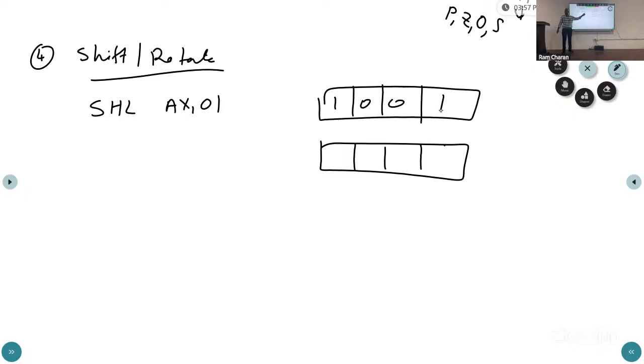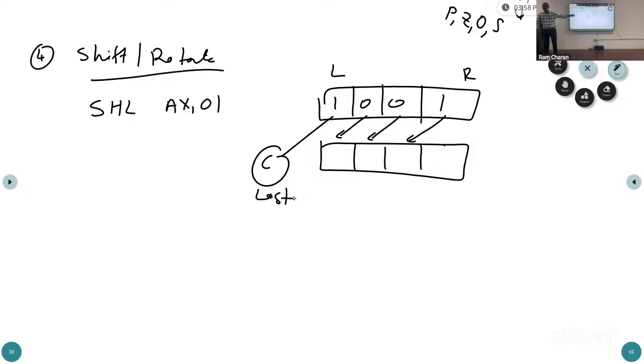SHL AX, 1: one position we are shifting. To which side? Left hand side. So this is right and this is left, and the bits move like this. Here the bit that is shifted out is lost, and it goes into the carry.